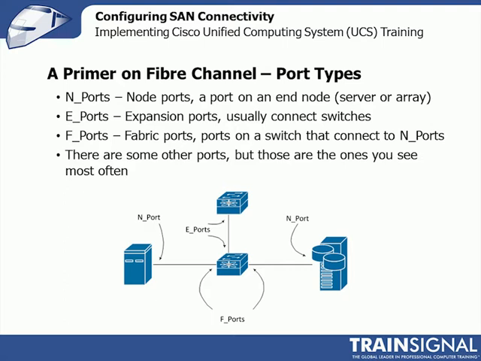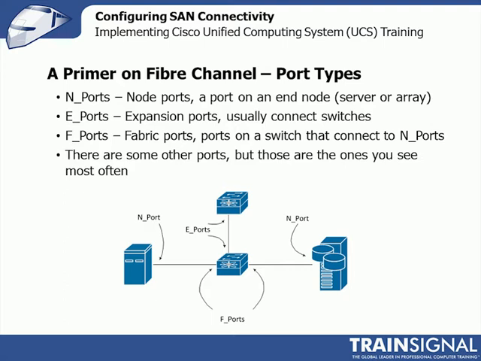Then there are F ports, F as in Frank, for fabric ports. Ports on a switch that connect to N ports are called F ports. So if I plug my server into a switch, the port I'm plugging in on the server is an N port. The port I'm plugging into on the switch is an F, or fabric, port. And there are some other ports, but these are the ones that we kind of need to worry about for UCS.